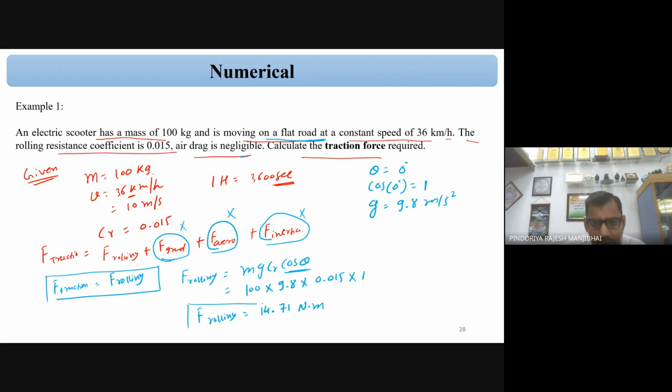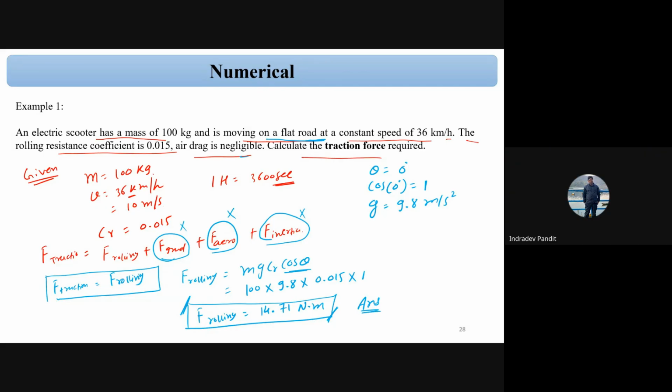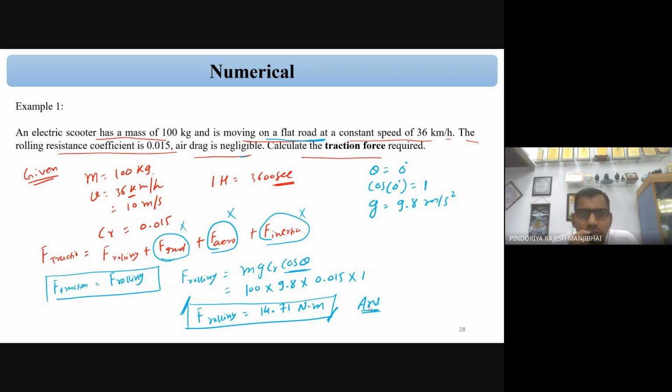But then what is the meaning of velocity here? It is not used here. Velocity is not used in the formula. So that is like speed, correct? The application is a scooter.